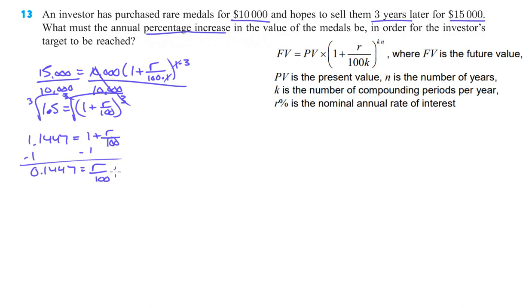To get rid of the 100, we multiply both sides by 100, and we get that the rate is 14.47%. So it's going to have to increase by about 14.5% per year over 3 years in order for it to be worth $15,000 3 years later.